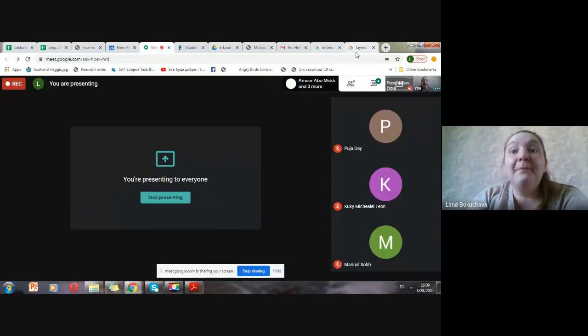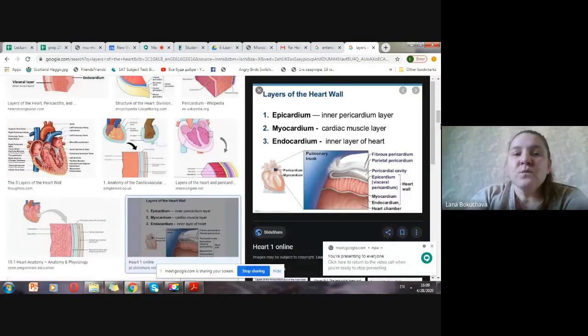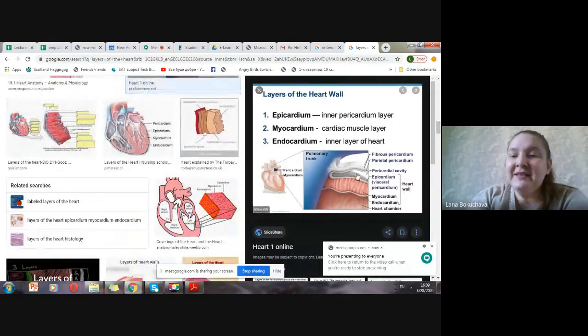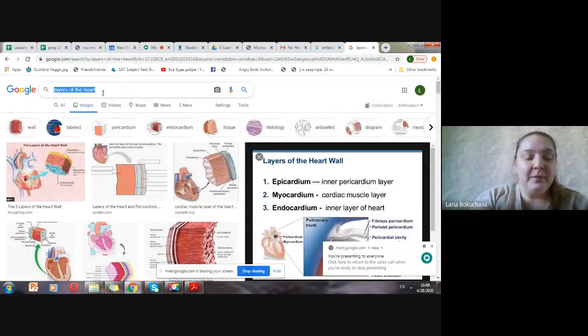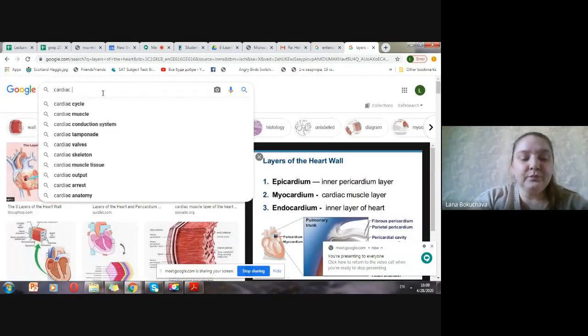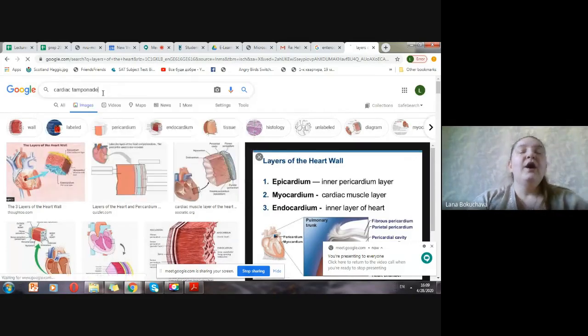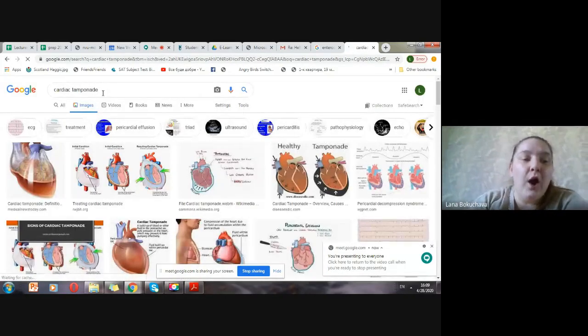An interesting thing, by the way, I forgot to say: this pericardial space, which is mainly a potential space, can sometimes be very dangerous. And why?